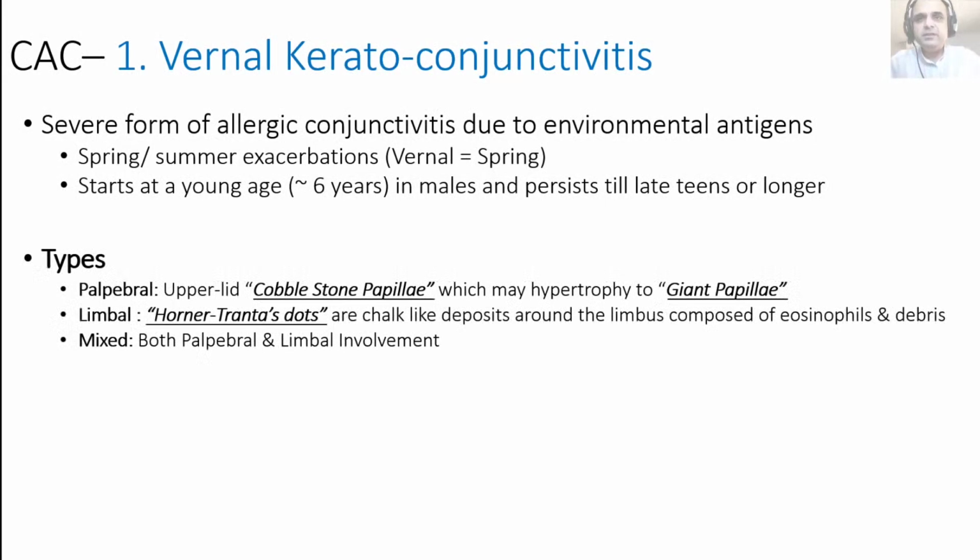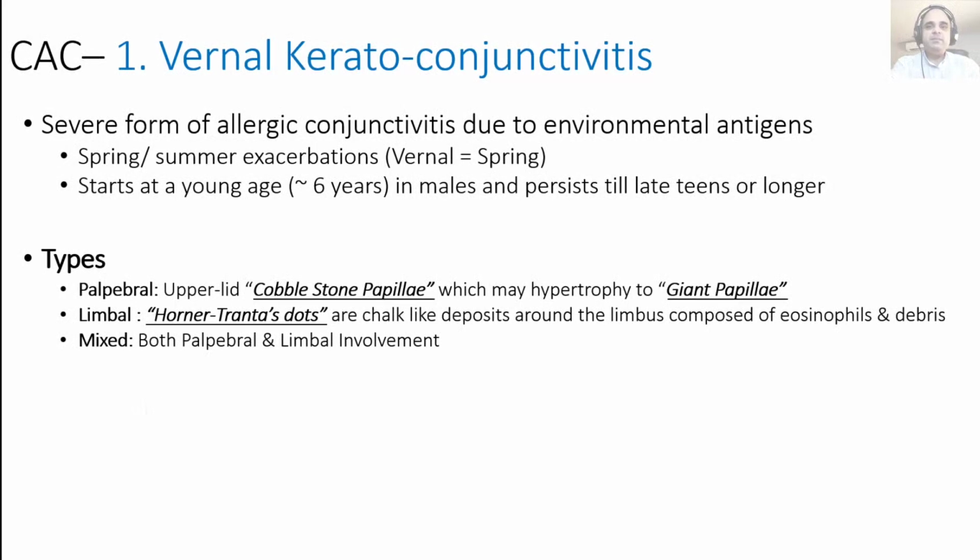There are basically three types: a palpebral type, which affects the palpebral conjunctiva; a limbal type, which affects the bulbar conjunctiva, specifically the part of the bulbar conjunctiva that's around the cornea, the limbal part; or mixed, which has both palpebral and limbal involvement.